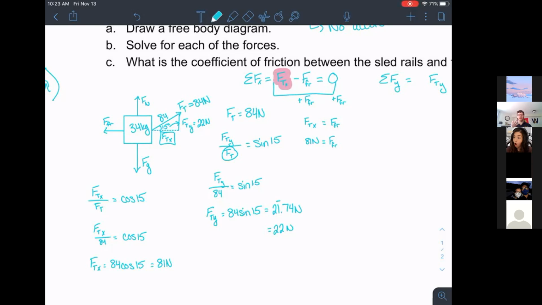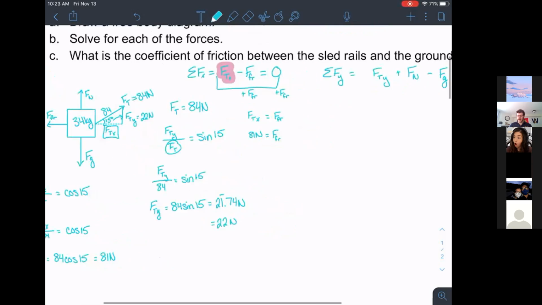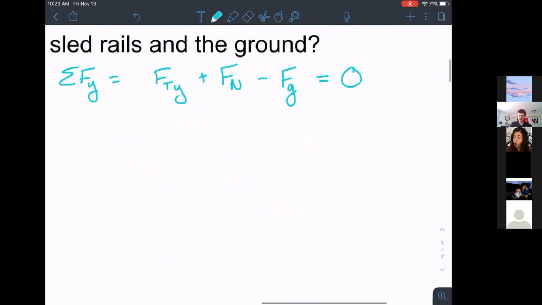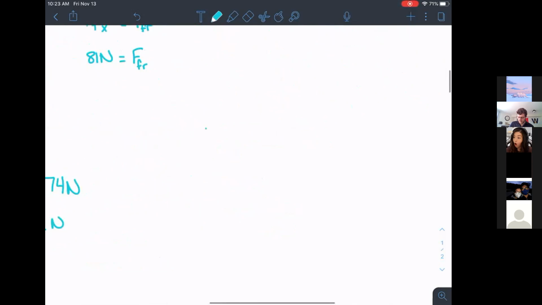There were 3 forces in the y direction. We have our force of tension in the y direction, which we already know because we solved for it earlier. We have our normal force and we have our force of gravity. Are either of those two values things we can solve for without using this equation? The force of gravity. And how do we solve for the force of gravity? Mass times the acceleration due to gravity.